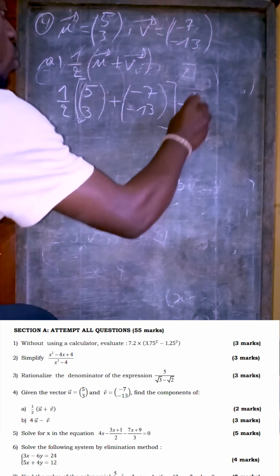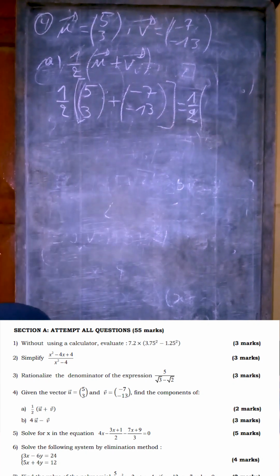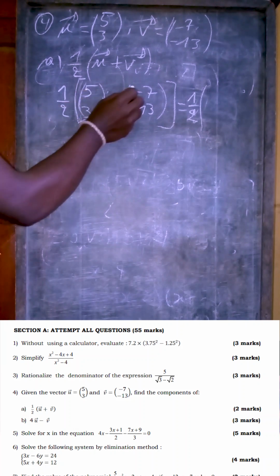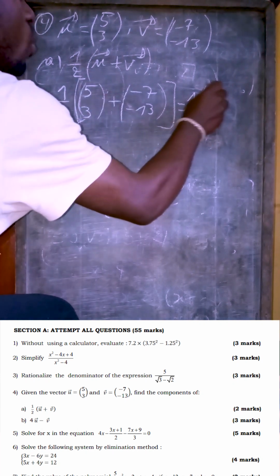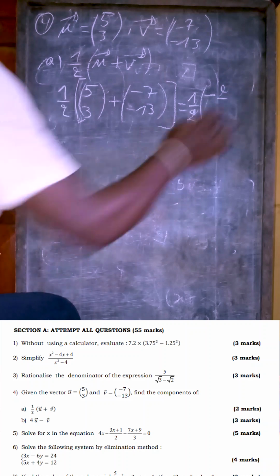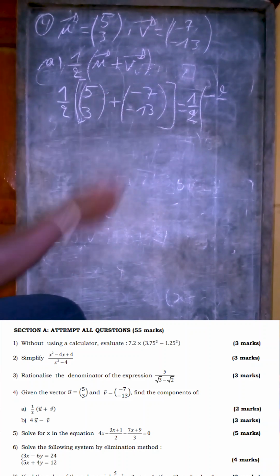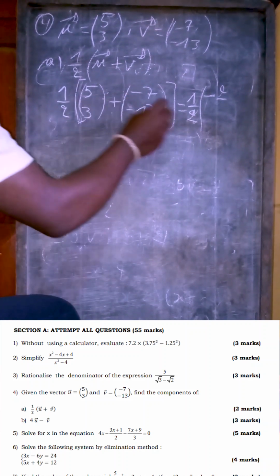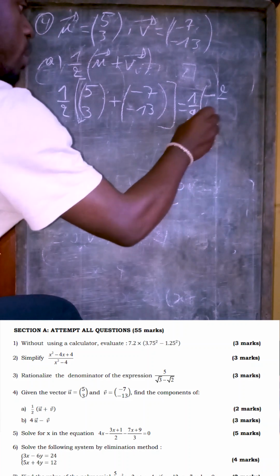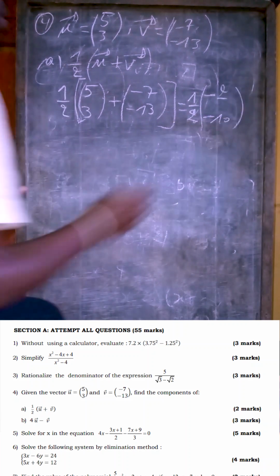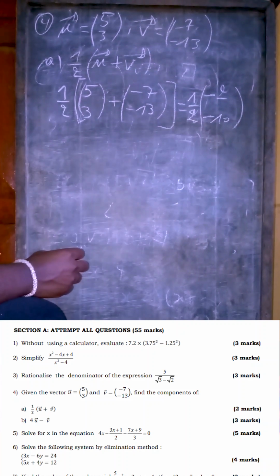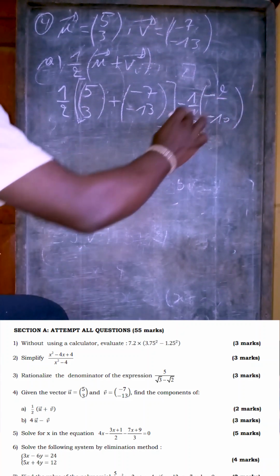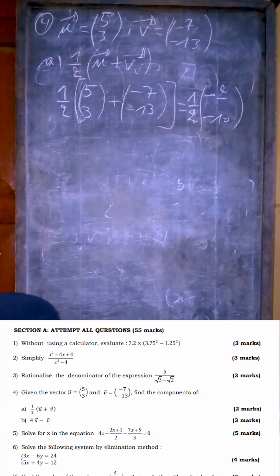It will be one over two, by doing what is inside the bracket: 5 plus minus 7 will be minus 2, and 3 plus minus 13 will be minus 10, of course. Because this is a fraction, it has to multiply minus 2 and also minus 10.